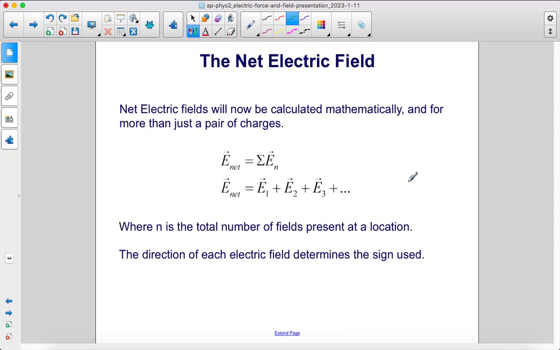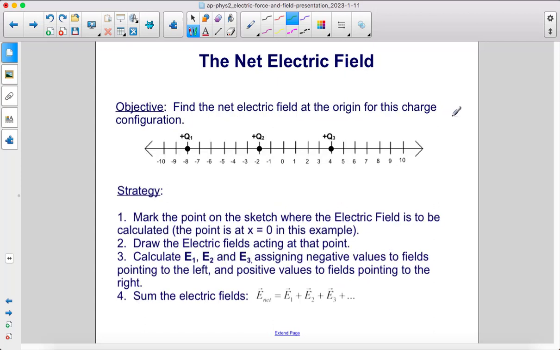Net electric fields will now be calculated mathematically, and for more than just a pair of charges. The net electric field is the sum of all of the electric fields at that location, where little n is the total number of fields present at a location. The direction of each electric field will determine the signs used here.